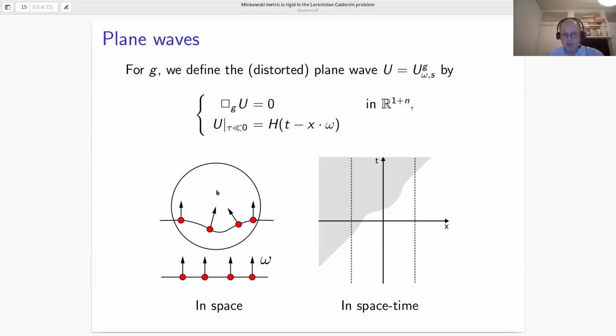And now if I really indeed let it change, then I get what I call a distorted plane wave. So it is a solution now to this perturbed wave equation, where g can be different from Minkowski in the cylinder. And it is just obtained by solving this wave equation with initial data, if you wish, coinciding with the Minkowski plane wave.